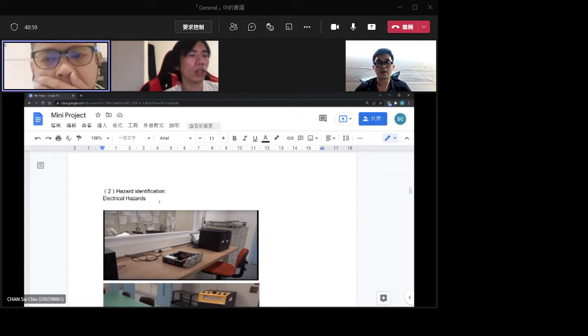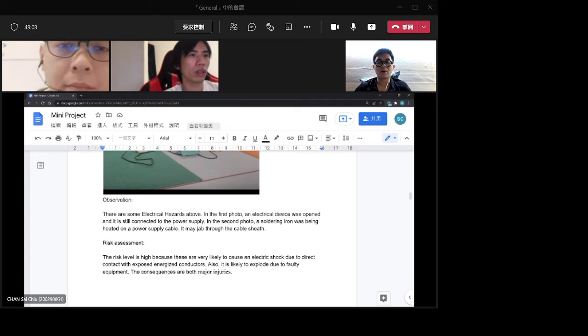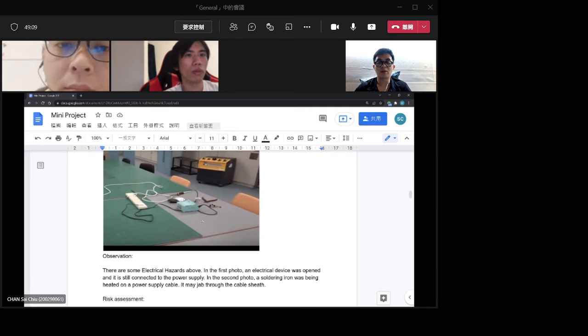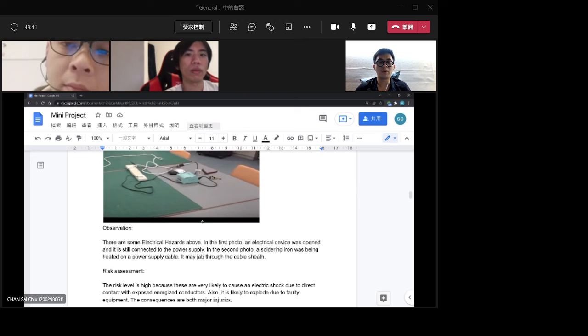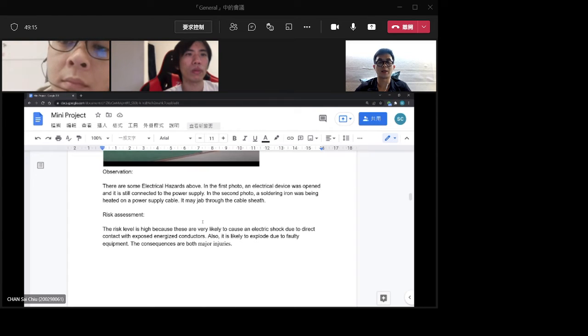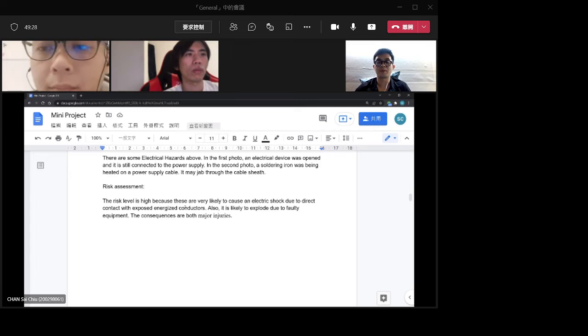2. Hazard identification. Electrical hazards. Observation. There are some electrical hazards above. In the first photo, an electrical device was opened and it is still connected to the power supply. In the second photo, a soldering iron was being hit on a power supply cable. It may drop through the cable sheath.